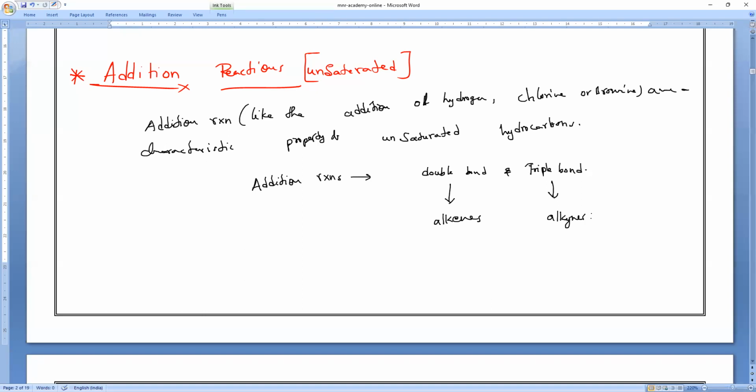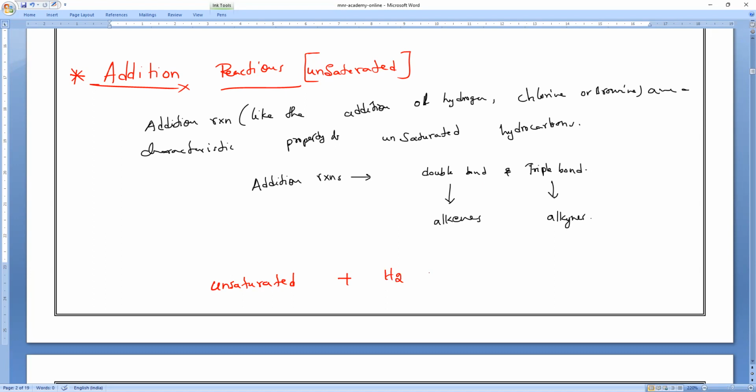Okay, so we'll describe what this addition reaction is. If I add hydrogen to the unsaturated hydrocarbons, which contain a carbon-carbon double bond, then we will get saturated hydrocarbons. Very simple. By adding hydrogen, chlorine or bromine, we convert unsaturated into saturated.